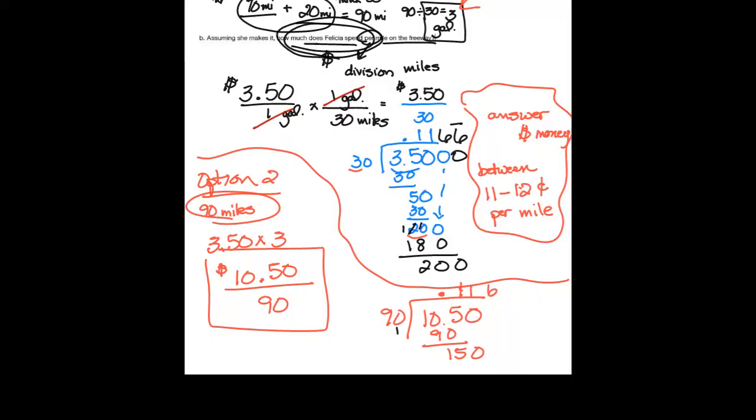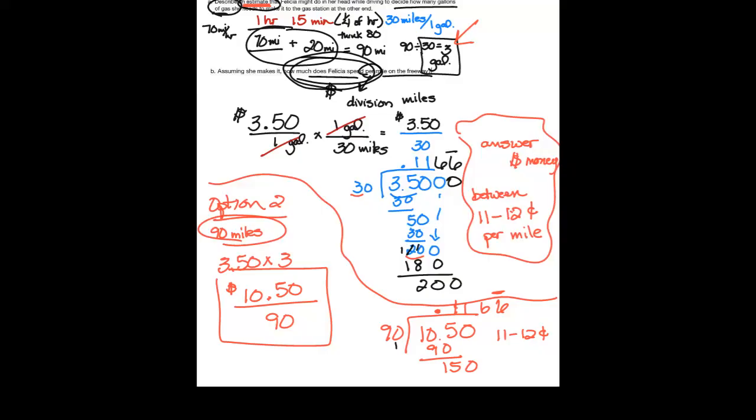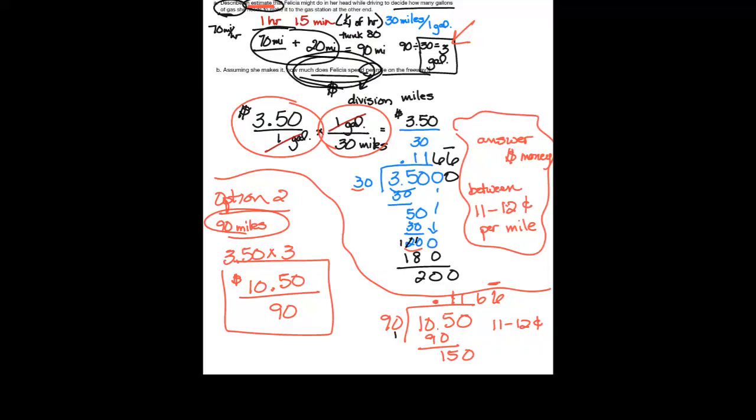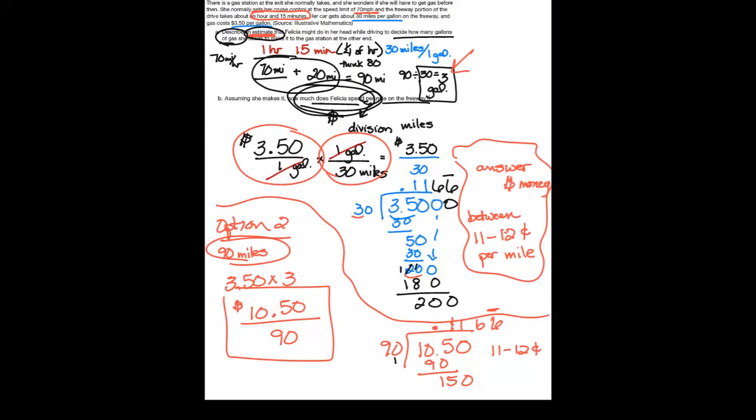And that would be 6 repeating, so that is 11 to 12 cents. So they are both similar, it's just you were looking at this per gallon and the number of miles that 1 gallon takes, or for her whole time on the freeway. Okay? Any questions about that?